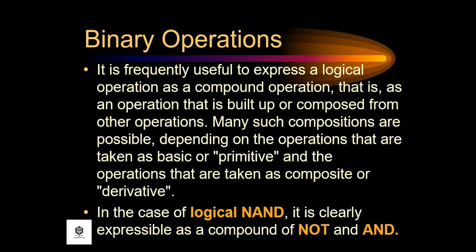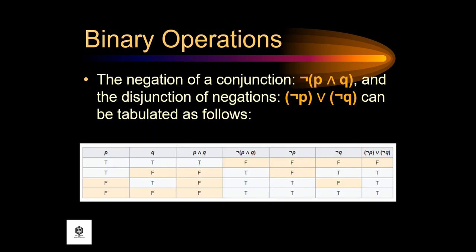In the case of logical NAND, it is clearly expressible as a compound of NOT and AND. The negation of a conjunction and the disjunction of negations can be tabulated as follows. So take a look at the screen for the truth table of negation of conjunction and disjunction of negations.